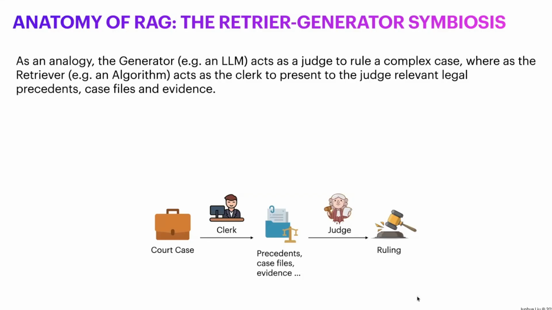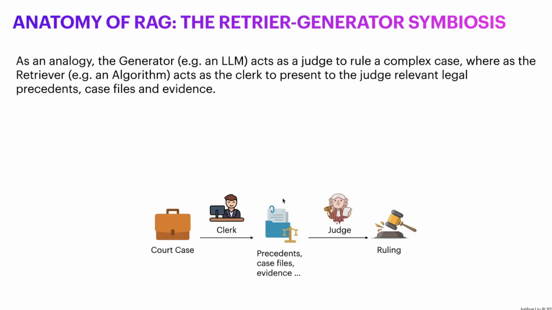Here is a legal court example, where you can imagine the retriever is like a clerk and the generator is like a judge. The user query is like a court case where somebody raised this case. The clerk will help to process the law precedents, the case files, and the evidence presented by perhaps the lawyers and the witnesses.